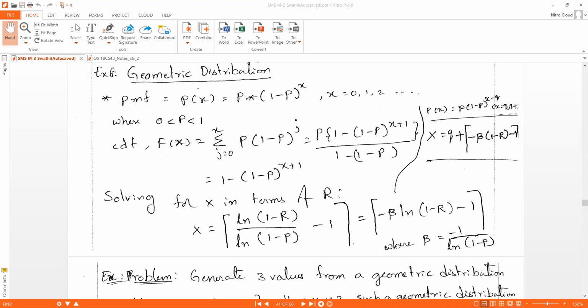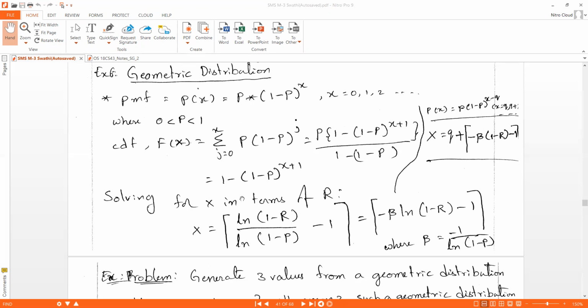That equals P into (1 minus (1 minus P) power x plus 1) divided by (1 minus (1 minus P)). That is the F of x value.